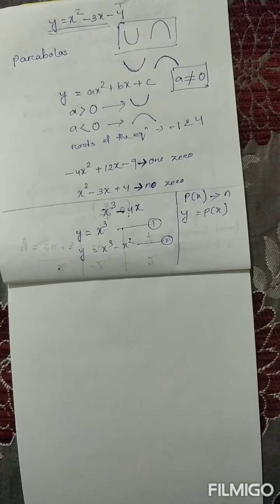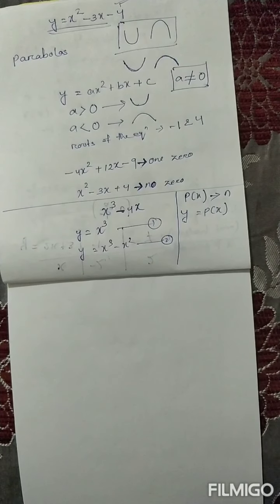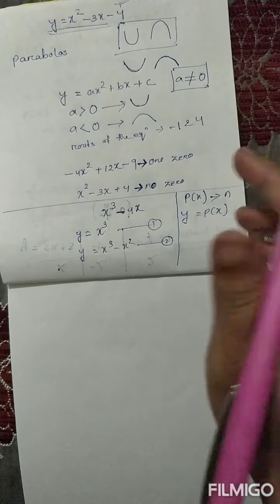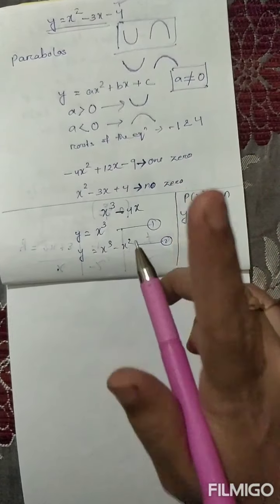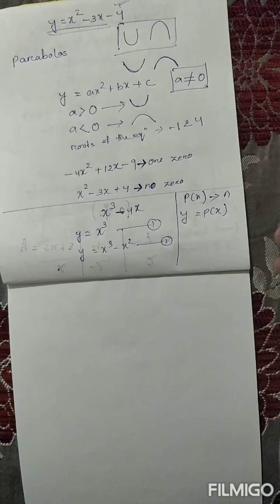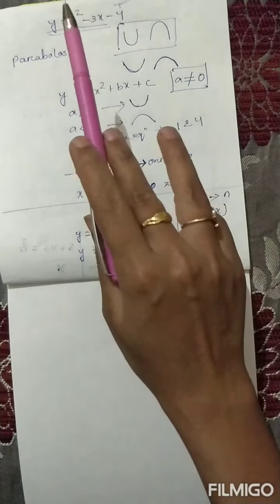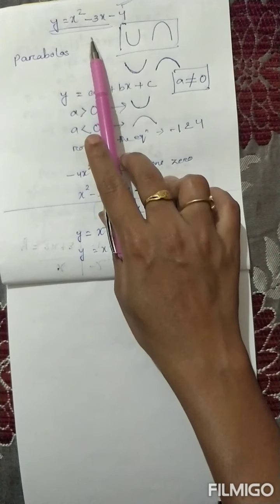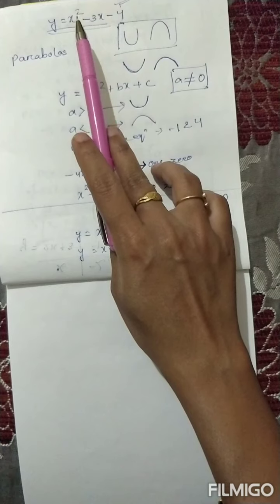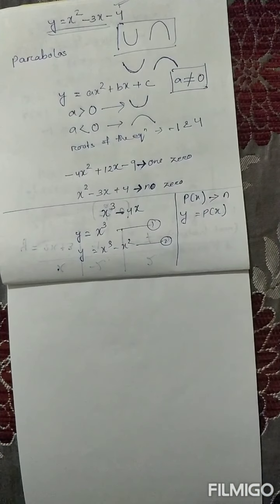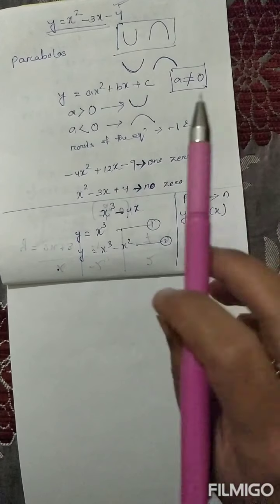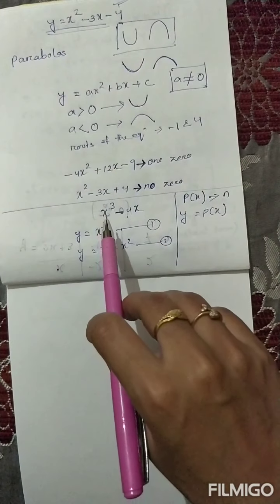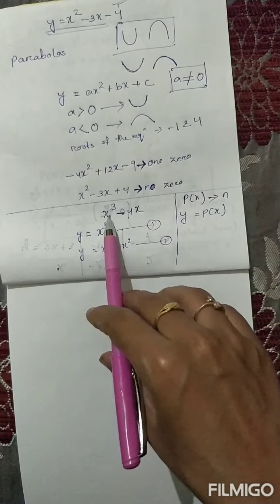For example, in the case of a linear polynomial, the degree is 1. That's why you find maximum 1 zero. When it comes to a quadratic polynomial, the degree is 2. That's why here you find maximum 2 zeros. Then for the cubic polynomial, the degree is 3.